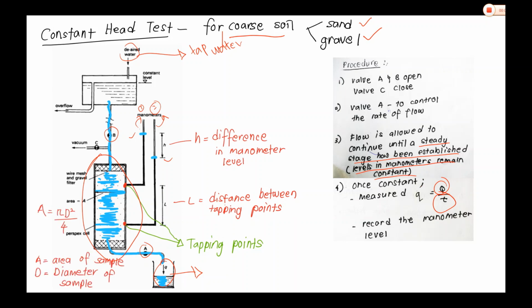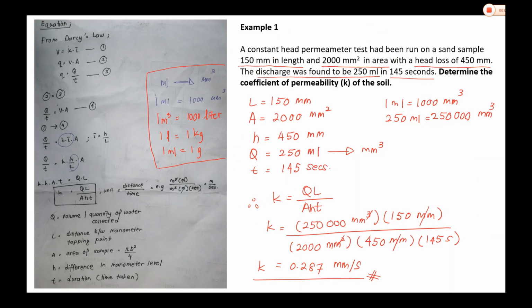Alright, so the diameter of the sample, kat sini we need to know the diameter of the sample. Normally given the diameter of the sample, we can calculate dia punya area. The area of sample is equal to pi d square over 4. Okay, so this is the equation.